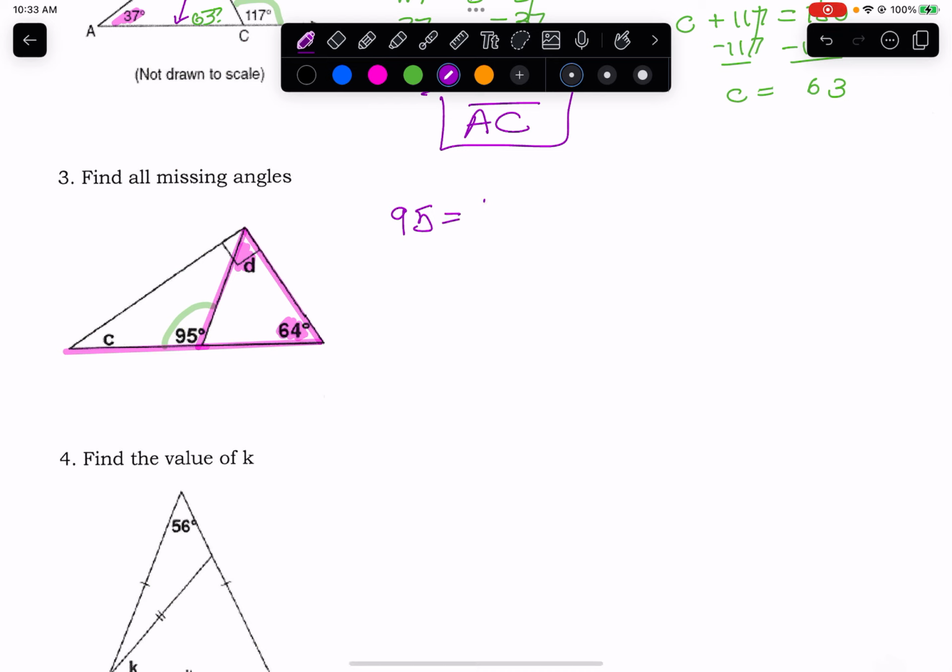So 95 must be equal to D plus 64. So I can solve for D. So D is equal to 31.